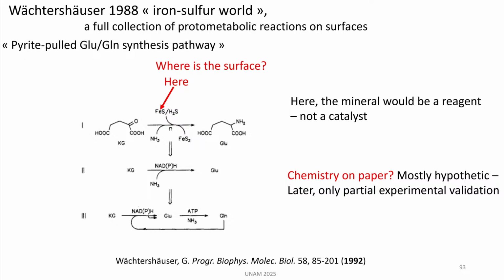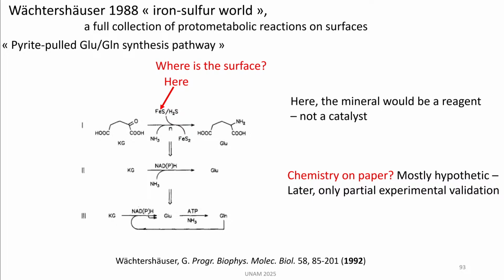Anyway, that interested people a lot at the time because it provided at least possible ways in which metabolic reactions would have come to exist. But as I said, it was chemistry on paper, and sometimes the surface chemistry was not right. He used, for example, a model in which the iron sulfide particles had to be positively charged, while experimentally they are negatively charged.